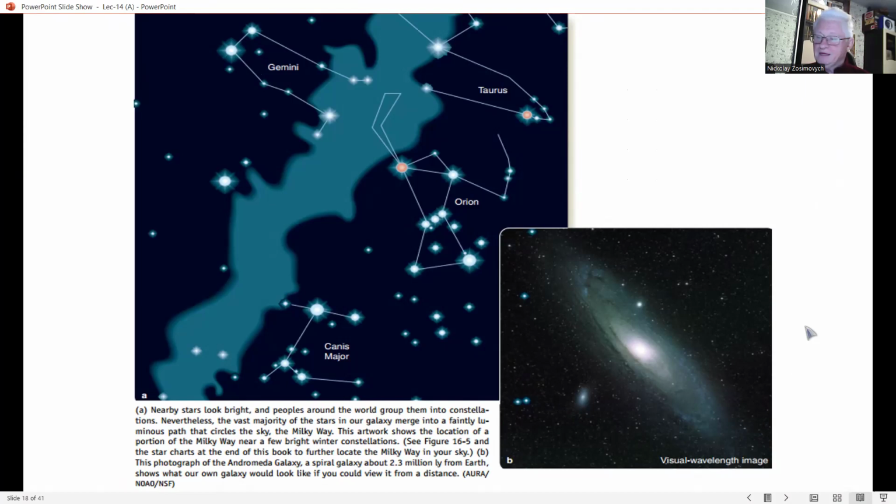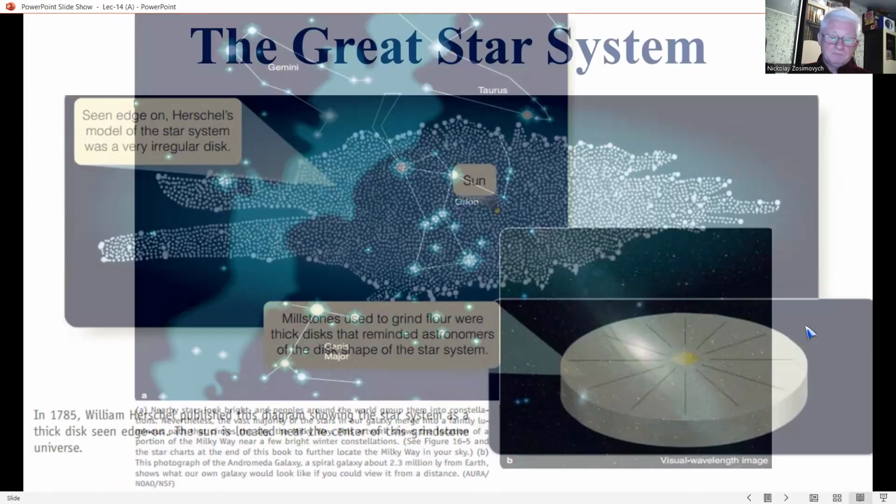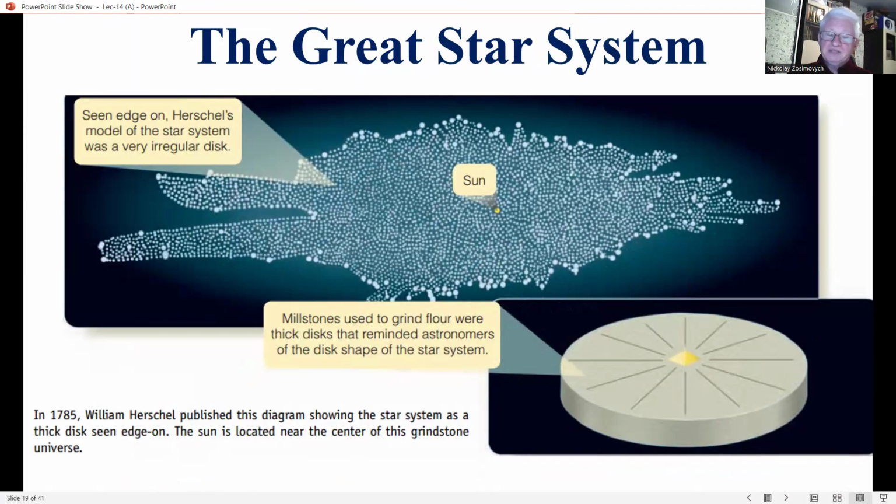Okay? Galileo's telescope revealed that the glowing Milky Way is made up of stars. And later, astronomers realized that the sun must be located in a great wheel-shaped cloud of stars, which they called the star system.